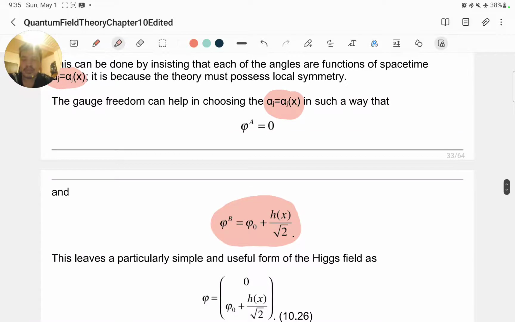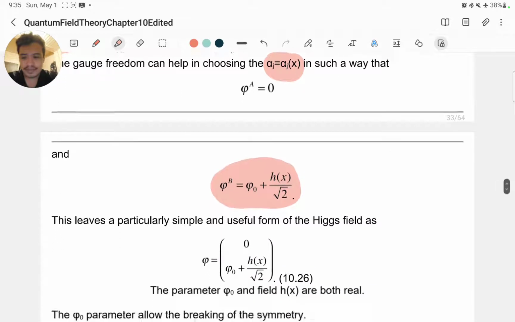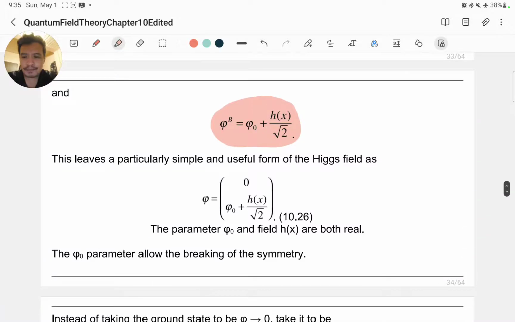This is just a normalization constant. You can actually disregard it, but it is placed there to simplify everything later on. So this is now the form of the Higgs field.